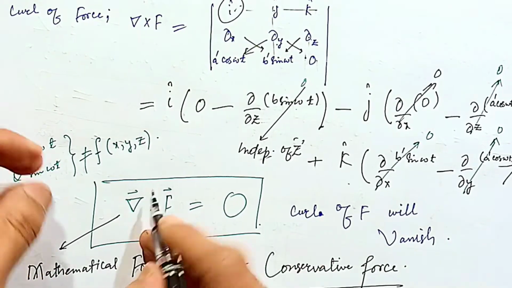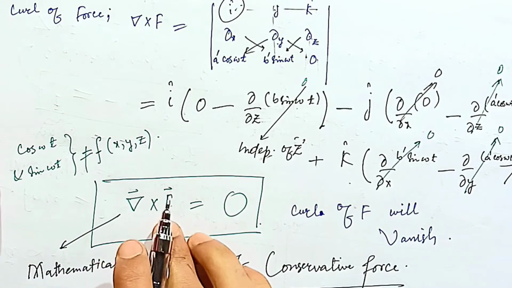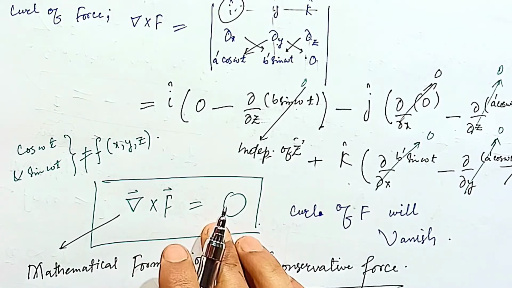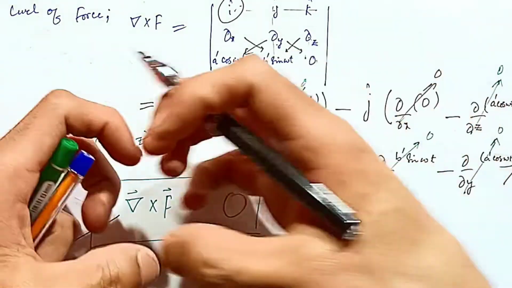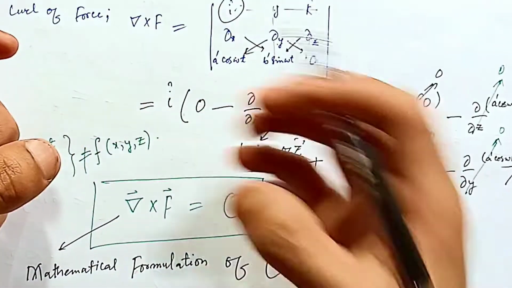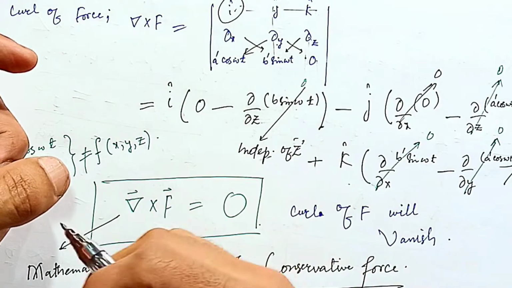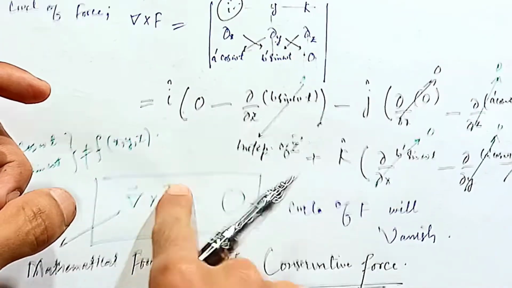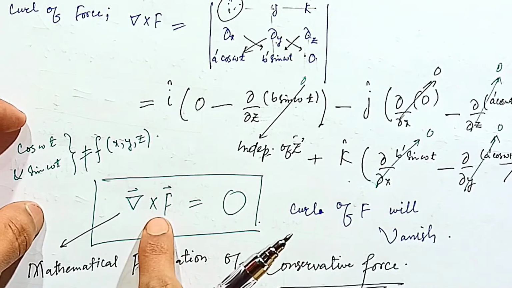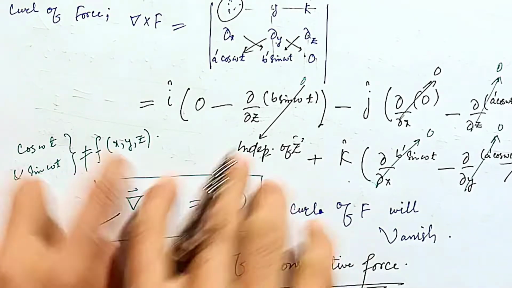If the curl of the force vanishes, that means the force is diverging. It is not curling, okay? It is not rotating around the point particle. That means the curl is vanished. That means it gets diverged.